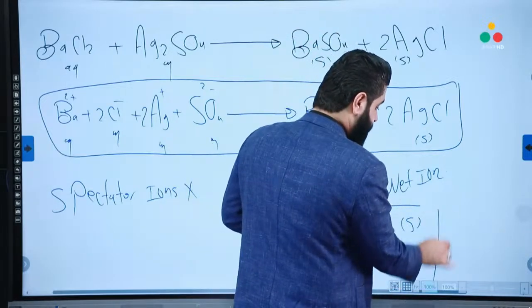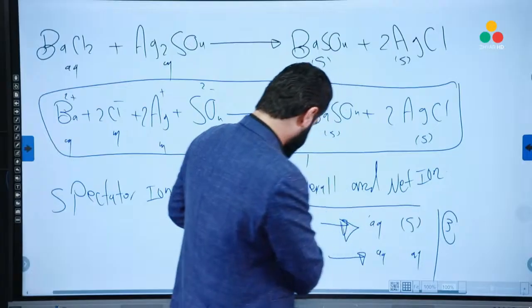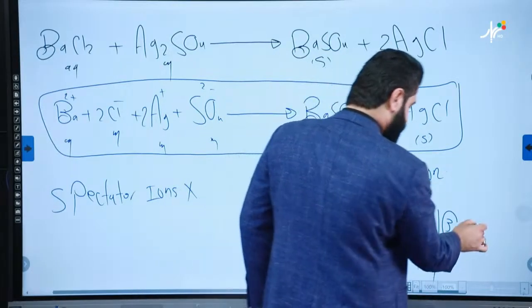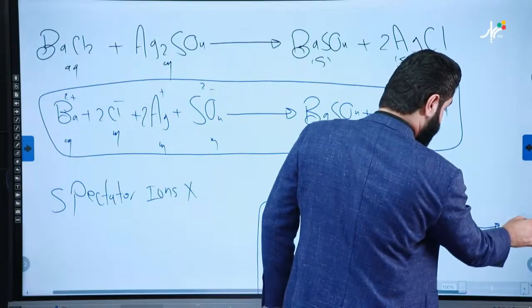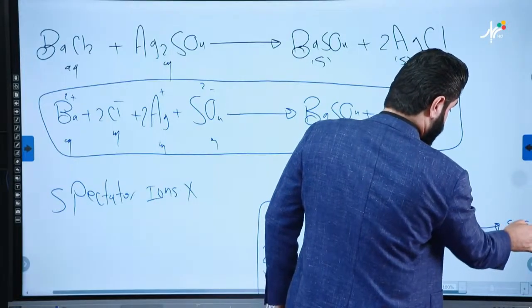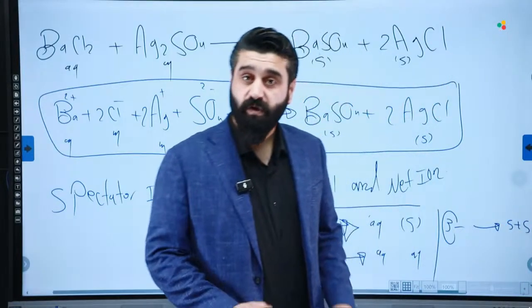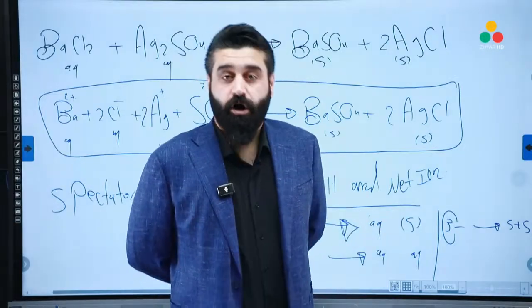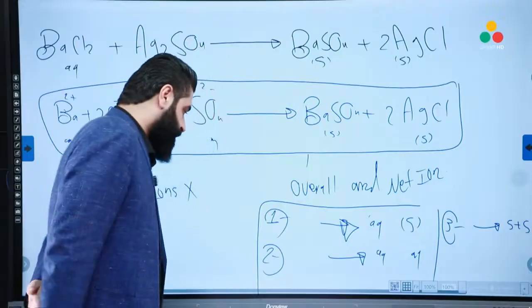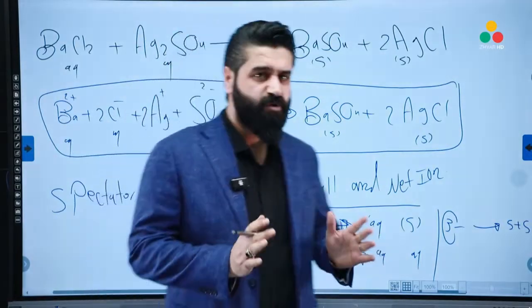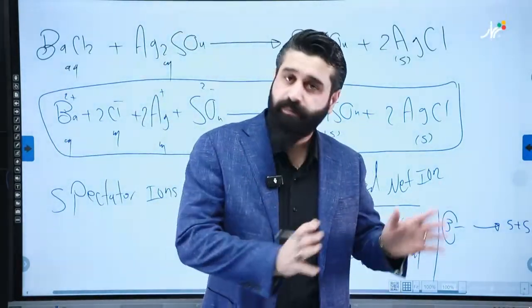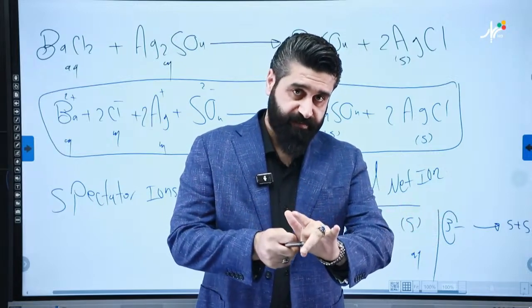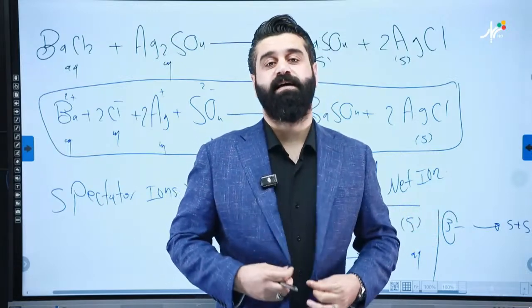Case 3: if both products are solid, there are no spectator ions, and the net ionic equation equals the overall ionic equation. So today, you will solve anything like whether a precipitate forms for double displacement, overall and net ionic equations, and spectator ions.